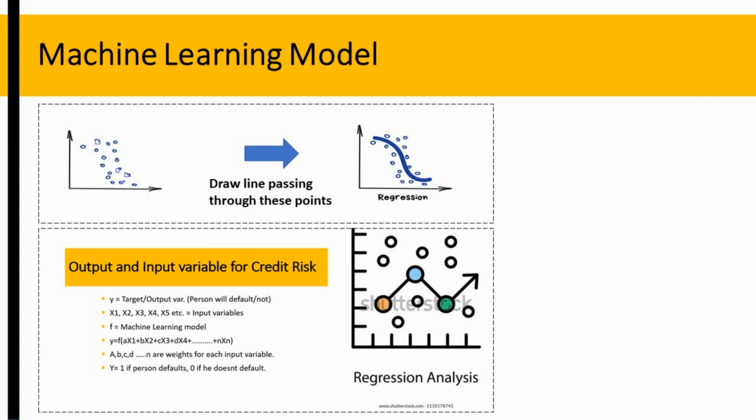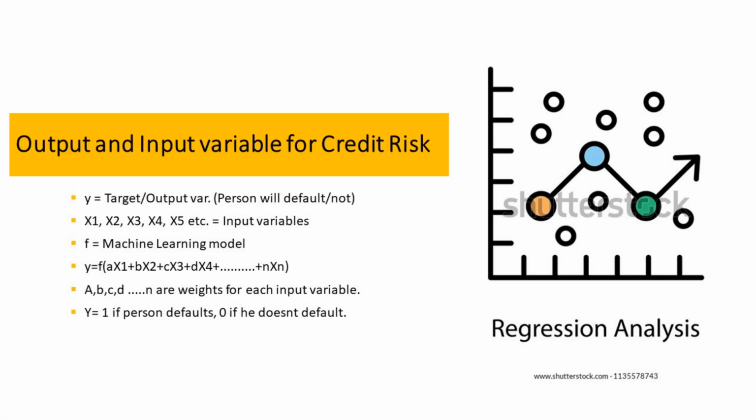You can see in this slide that this line will not be able to cover each and every point. There are some points which are lying away from this line. We cannot cover every point, but Y equal to f of X, where f is a function, covers at least the majority of the points.